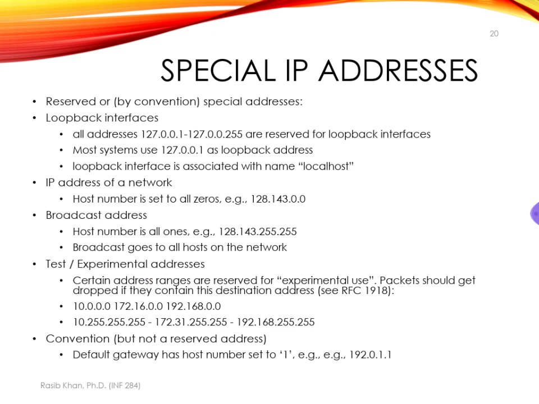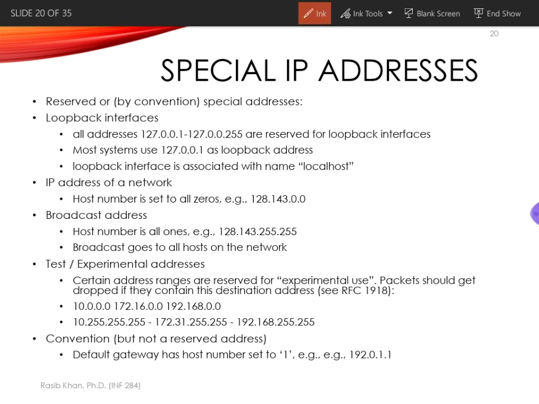All right, so we will look at a few special IP addresses that we have as standards. And they are reserved, or by convention they are considered to be special IP addresses. The first one is what we call a loopback address, and this is in the form 127.0.0.1 till 127.0.0.255, and they are reserved for loopback addresses.